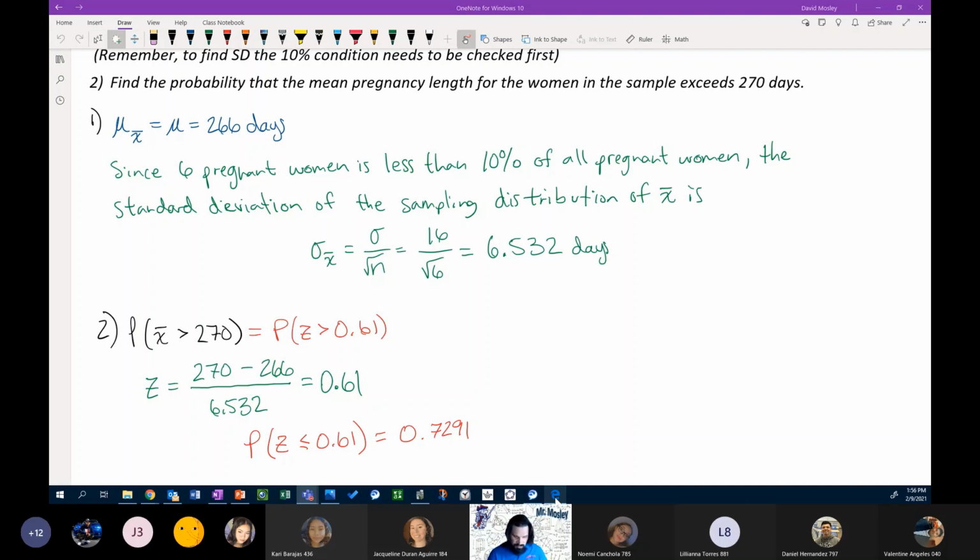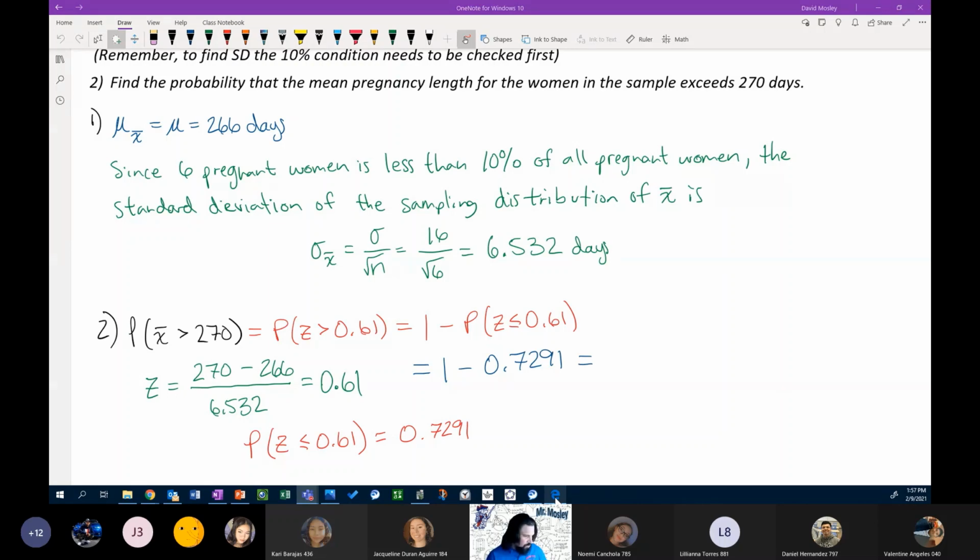So I need to use the complement rule to say that this is equal to 1 minus the probability of z being less than or equal to 0.61, which is equal to 1 minus 0.7291.